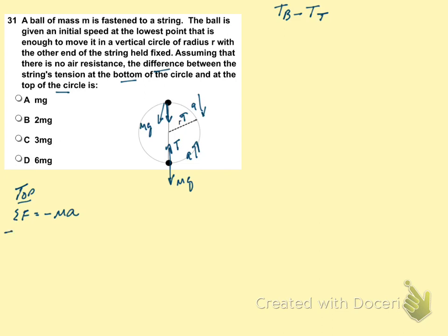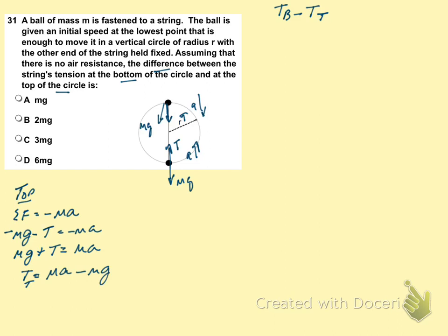We have negative mg, negative tension force equals negative ma. Multiplied by -1 on both sides, mg plus tension equals ma, tension equals ma minus mg, and that's the tension at the top.